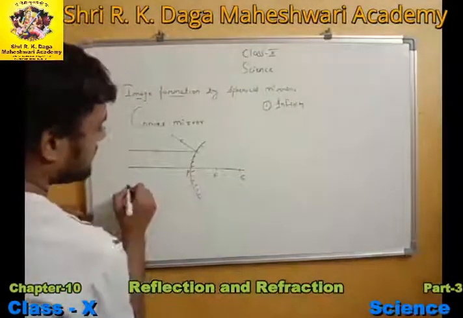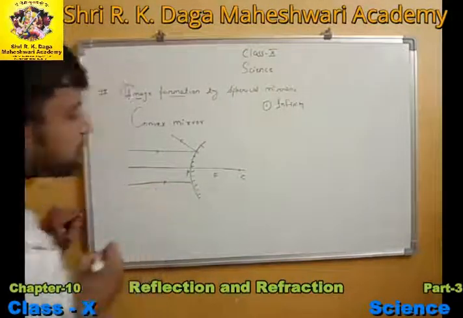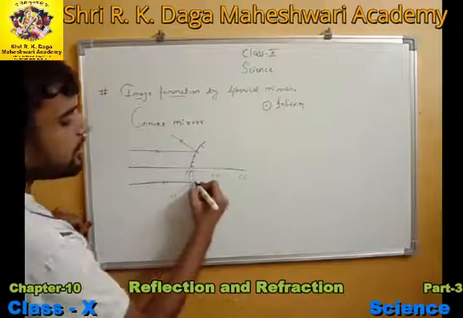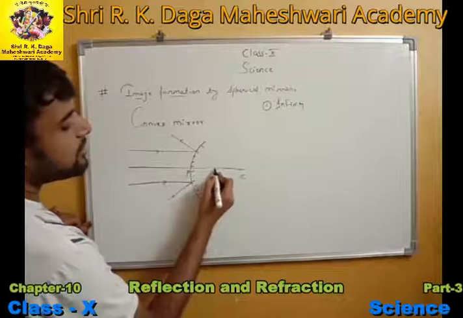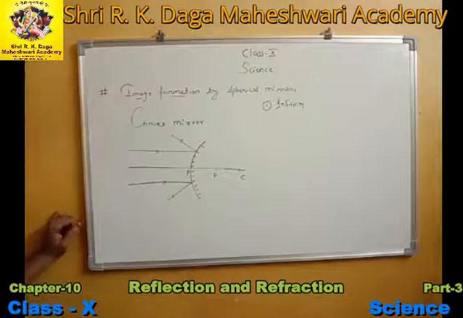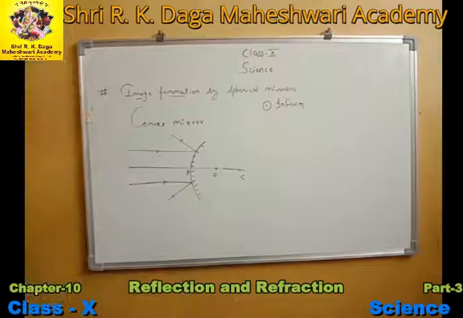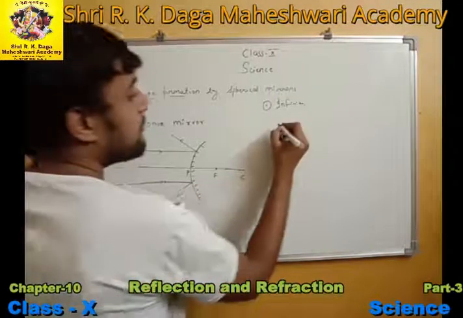Similarly, another ray is also incident parallel to the principal axis. It will also get reflected such that on extending back this ray also, it appears to be coming from the focus. And at this point, the 2 reflected rays meet each other, and hence we get the image formed at this point, that is the focus.